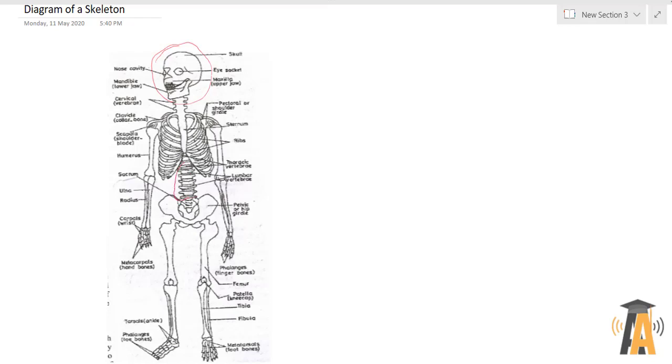The backbone is here. You have your ribs. These are the ribs, you can see them here. We have the pelvic girdle and every other part of the skeleton. So as we progress in the topic, we'll take a quick detailed look at some of these parts, what they are made of and their functions, and we'll give some of their names as we proceed.